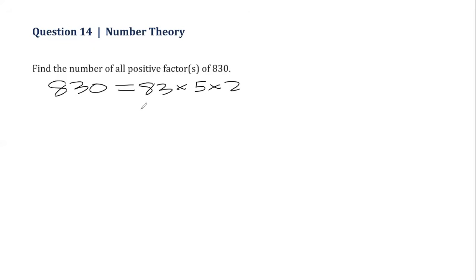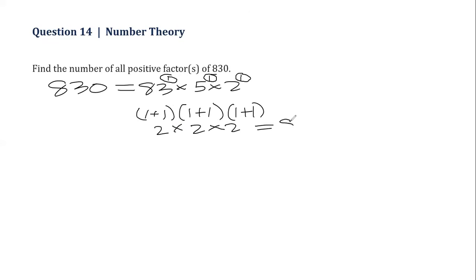It's implied that there is a 1 as each exponent here. What you're going to do is take these exponents, add 1 to each, and multiply. So this is 2 times 2 times 2, which is 8.